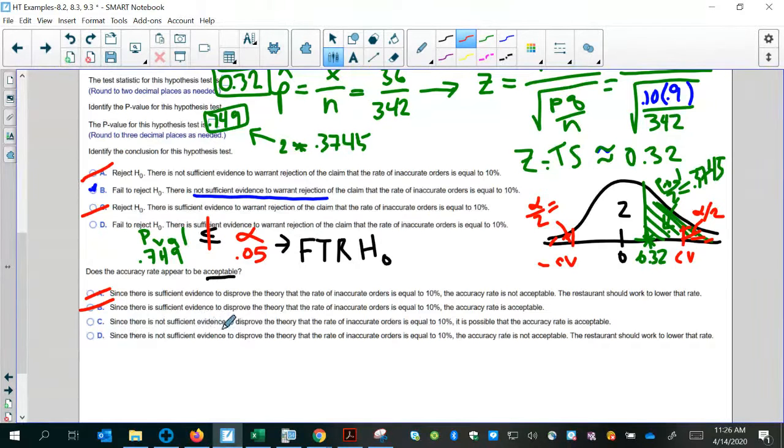Since there is not sufficient evidence to disprove the theory, it is possible that the accuracy rate is acceptable. That seems right, so I'm going to go ahead and mark it, but we'll read the last one just in case. So it says, since there is not sufficient evidence to disprove the theory that the rate of inaccurate orders is equal to 10%, the accuracy rate is not acceptable. The restaurant should work to lower that rate. Okay, yeah, so C is the best answer there.